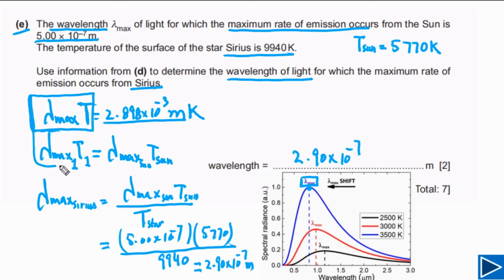These two are equal, and then we can find lambda max for Sirius. So it is a very straightforward question. If you follow these steps, you will get 2 marks. 1 mark will be for using this law, which is the C mark, and the final mark will be the answer mark if you have got the right answer.